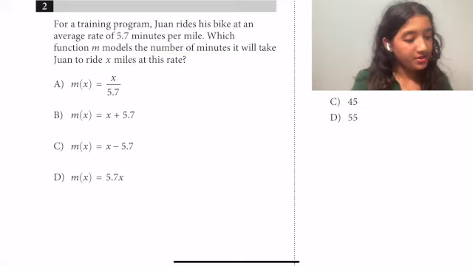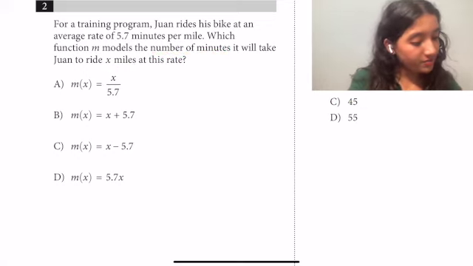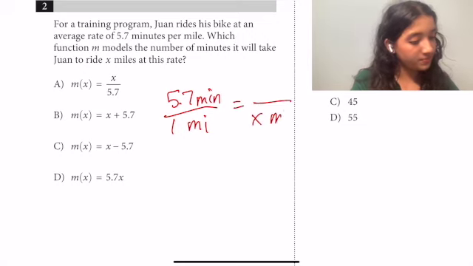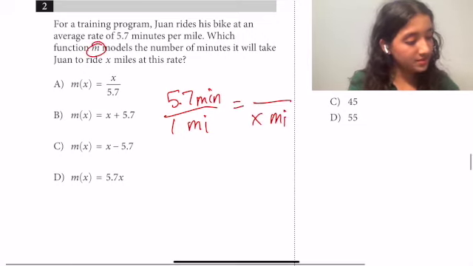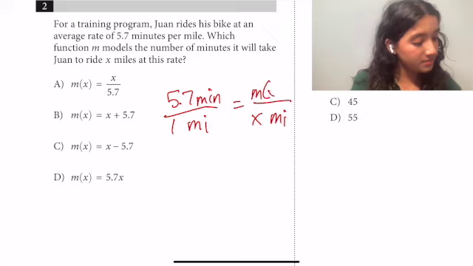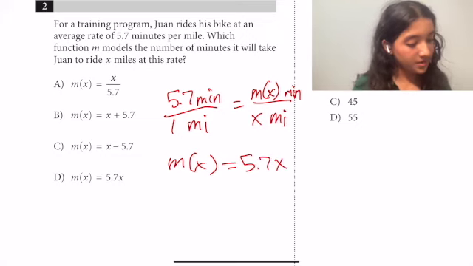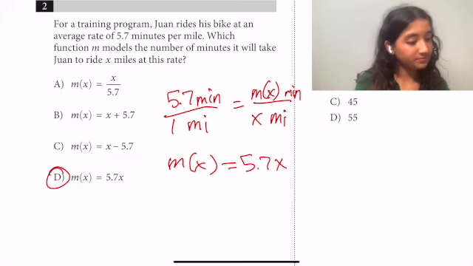So if we have 5.7 minutes per mile for 1 mile, and we want to ride X miles, and M of X is the number of minutes, then we have multiplying by X on both sides, M of X is equal to 5.7X, and that's equal to option D.